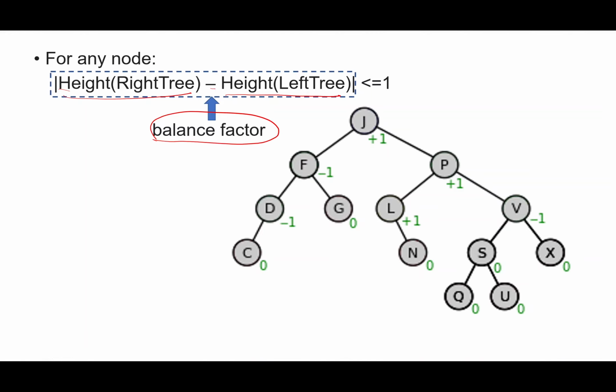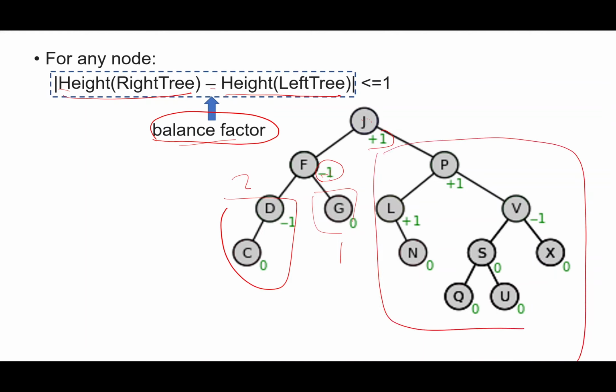For example, this tree is an AVL tree, also a balanced binary tree, because for each node the balance factor is 1 or negative 1. Because the height of the right tree is 1 and the height of the left tree is 2, the balance factor is negative 1. For this node, the height of the right is 4, the height of the left tree is 3, so the balance factor is 1.